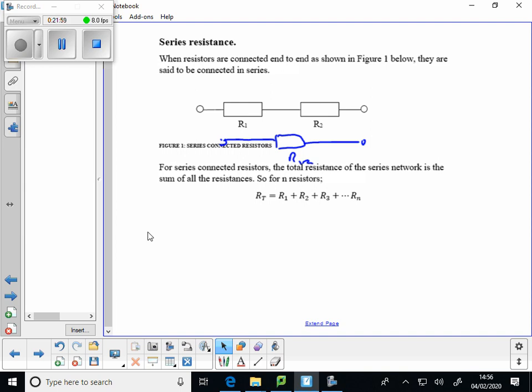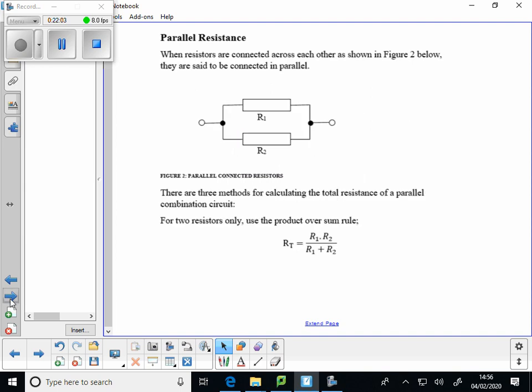So series is fairly easy. Then we have parallel resistance, where resistors are connected across each other, like that shown in the figure. There are three methods for calculating the total resistance of a parallel circuit. The first one is called the product over sum rule. That's where we've got two resistors only, and they can be of any value.